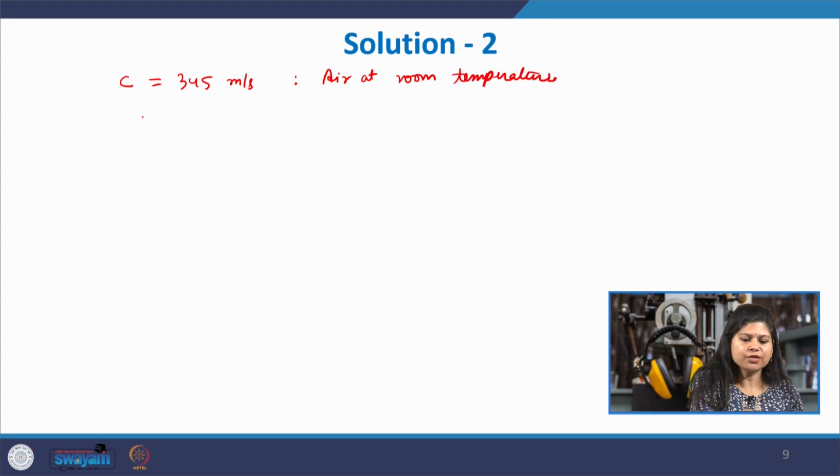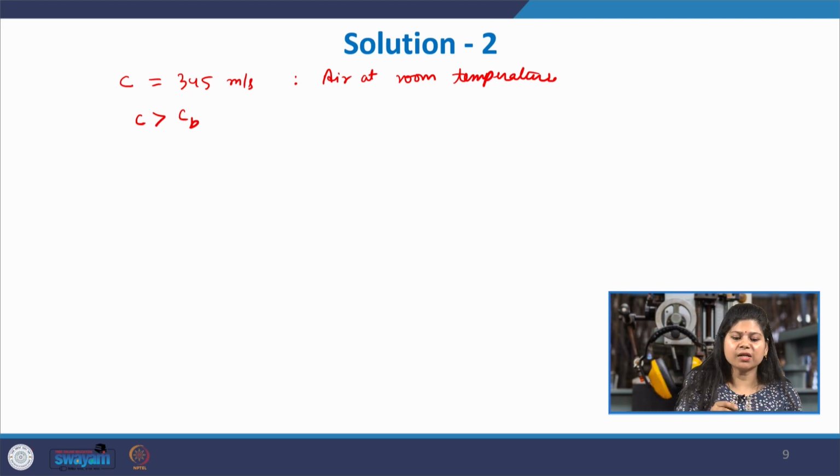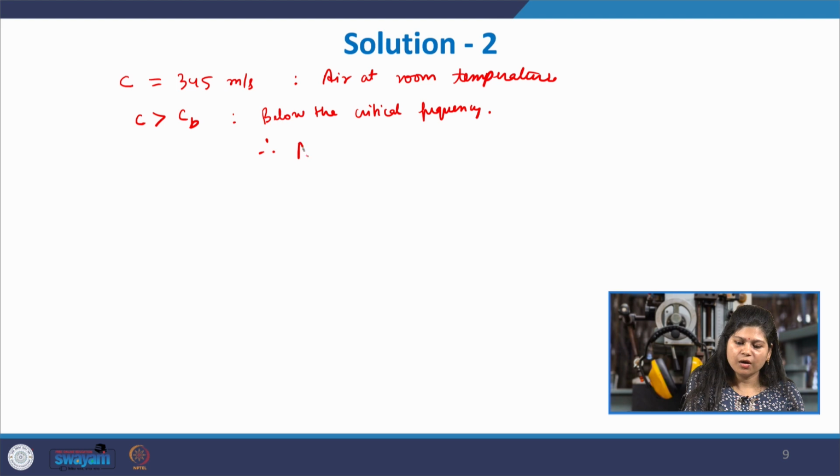This is the condition where C is greater than Cb. So, Cb has still not reached the critical frequency range. This corresponds to the below-critical-frequency regime. Therefore, there is no radiation from the plate under these conditions.